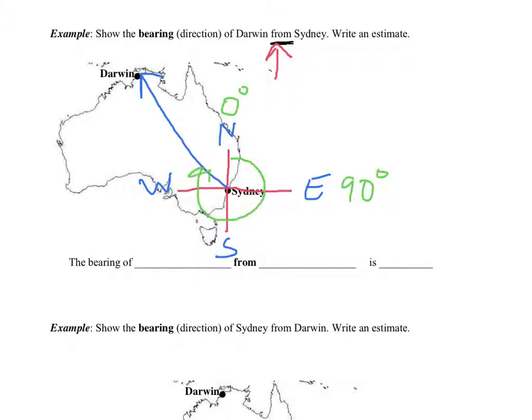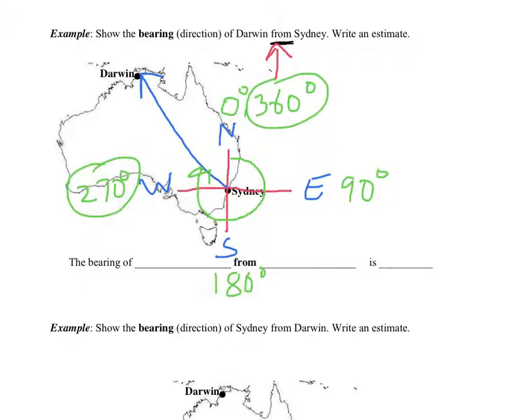Now that angle there, if we can figure that out, is going to be the bearing of Darwin from Sydney. Now thinking about this, south is 180 degrees, and west is 270. And back to where we started from, there's a full 360-degree rotation. So that means our bearing is somewhere between 270 and 360. It looks around about halfway, maybe a little bit less.